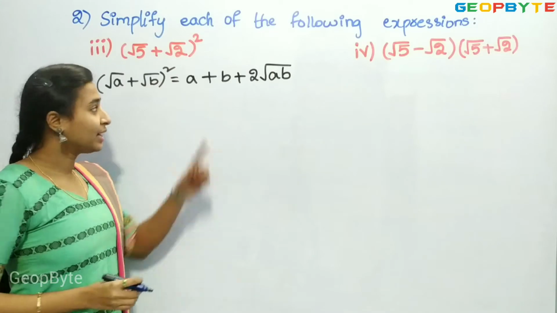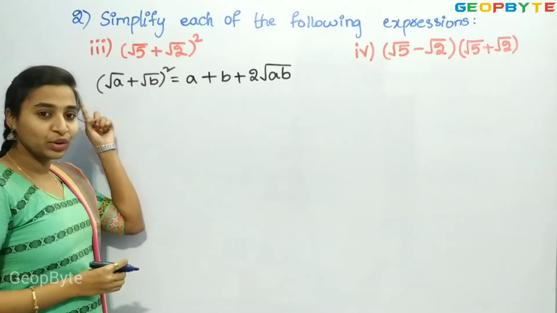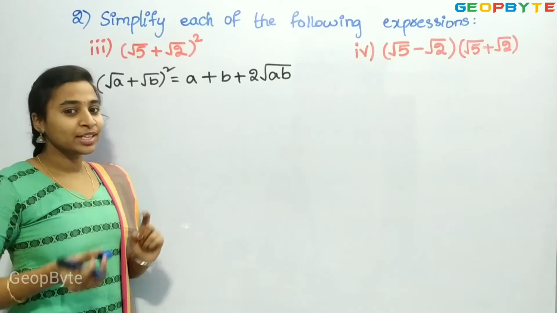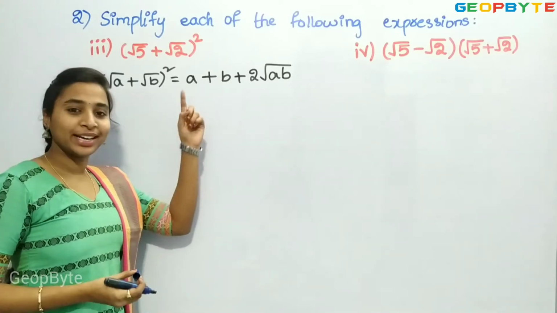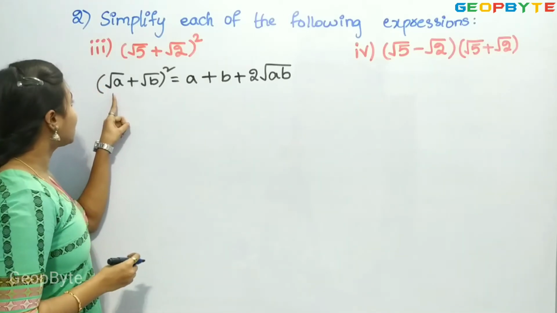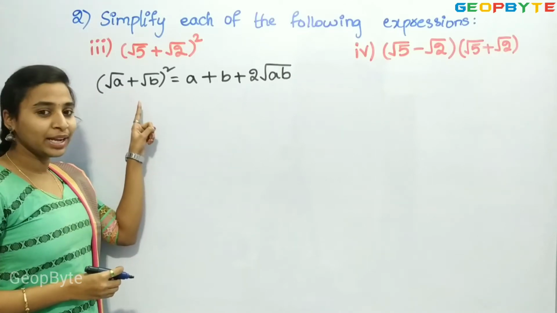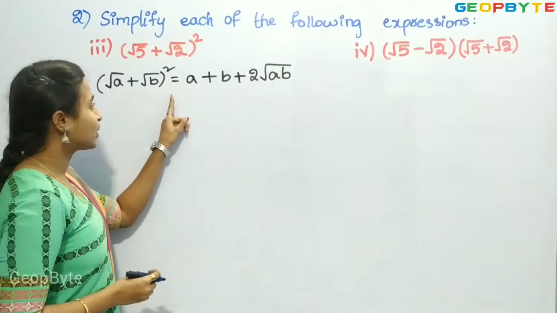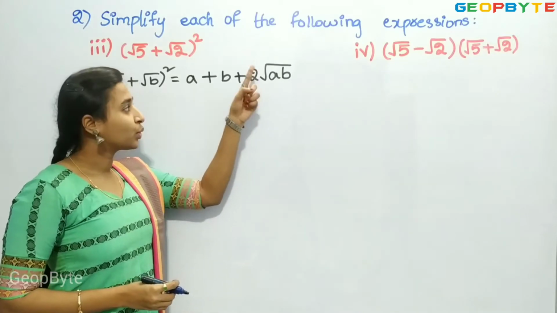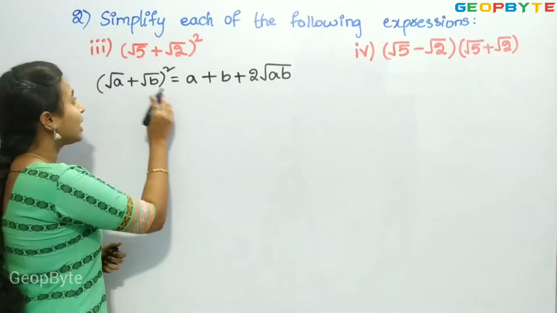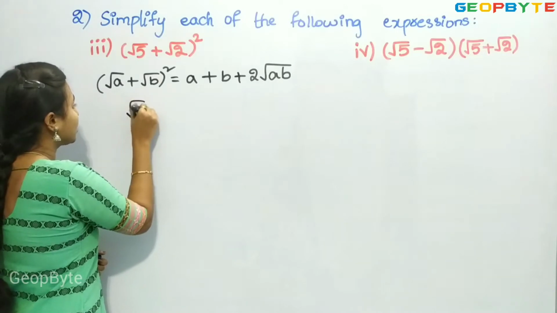We have written a because we have root for a; a square means the square and root get cancelled. So we got a, and similarly b. So (under root a plus under root b) whole square is equal to a plus b plus 2 root of ab.